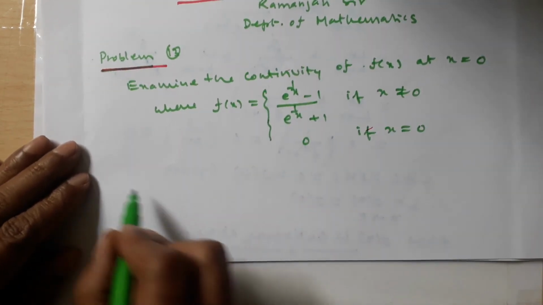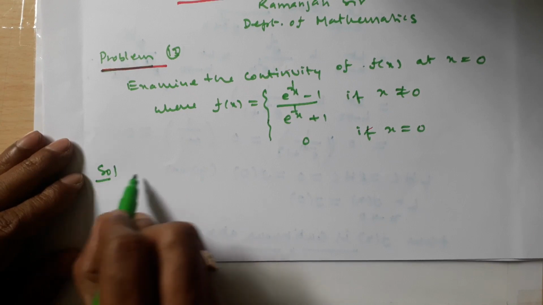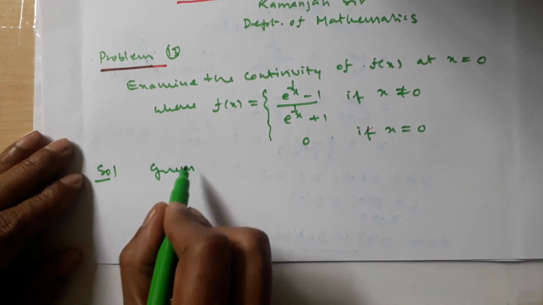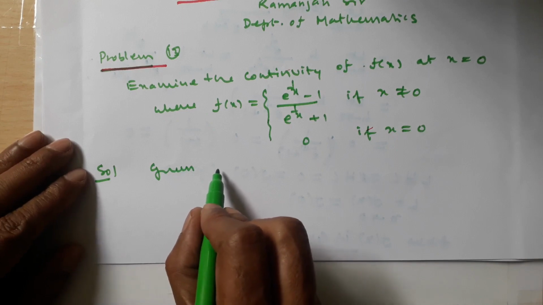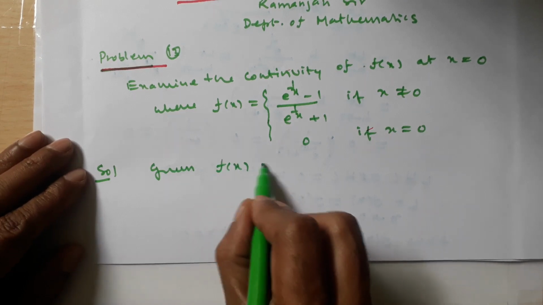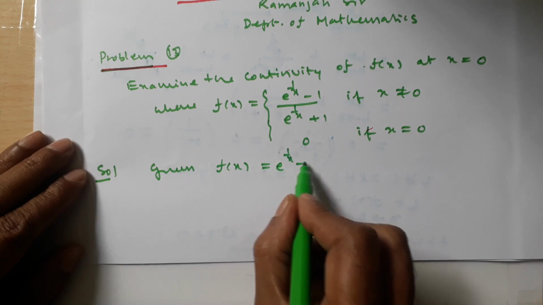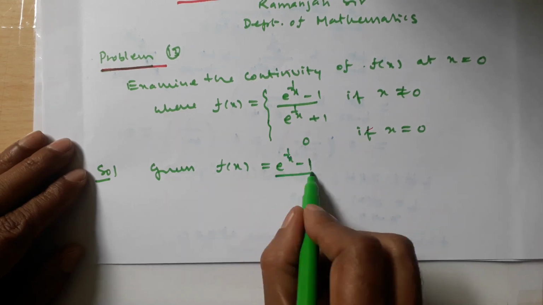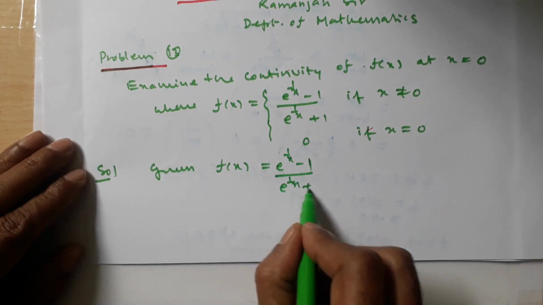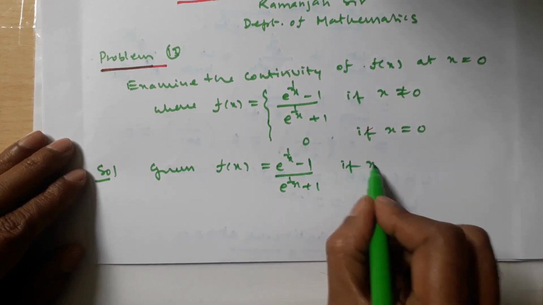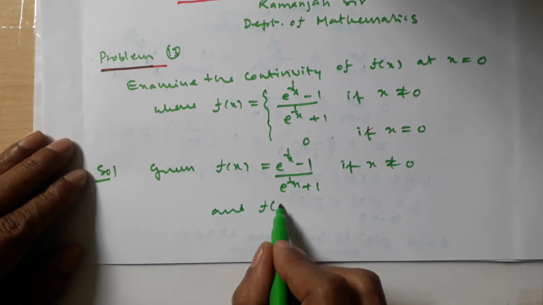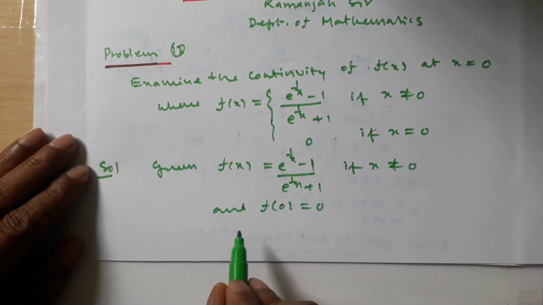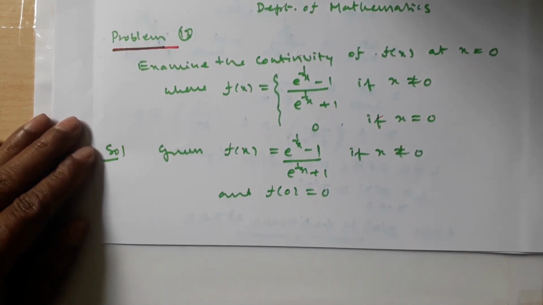As the function is given, we can check its continuity at x is equal to 0. Given f of x is equal to e power 1 by x minus 1 divided by e power 1 by x plus 1 if x is not equal to 0, and f of 0 is equal to 0. These are all given.